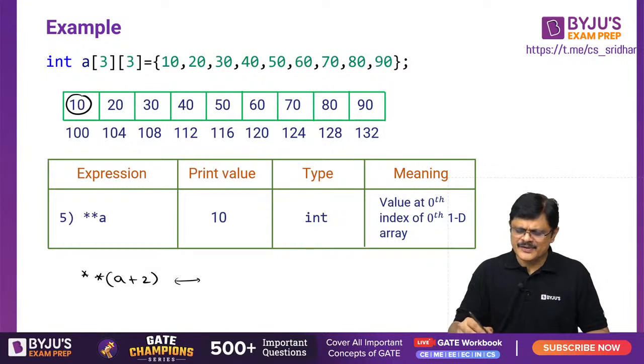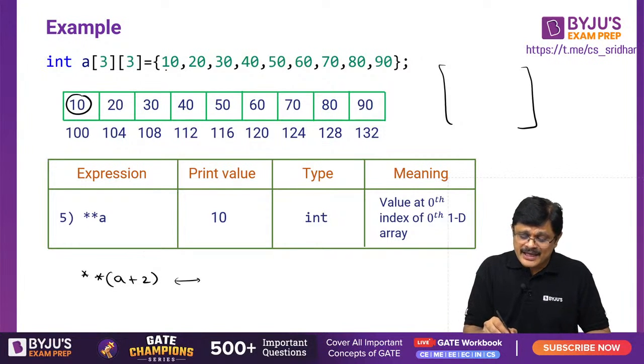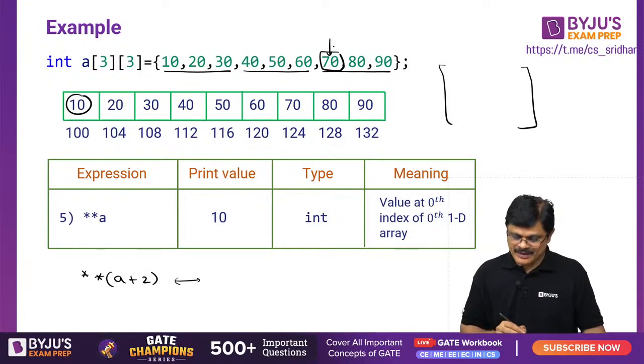Generally I suggest whenever such two-dimensional arrays are given, first write down the logical view, that is the matrix. If you write it, it is easy for us. Star star A plus 2. See, this is A, this is A plus 1, this is A plus 2. A plus 2 star means this location. Star of that means 70.